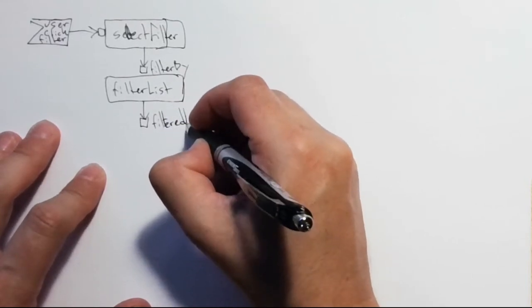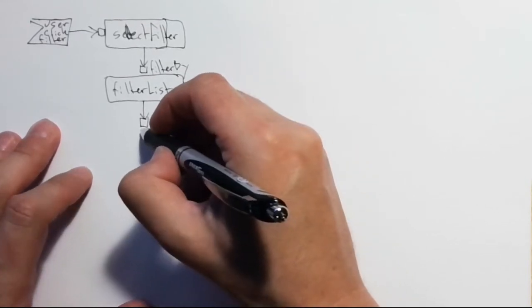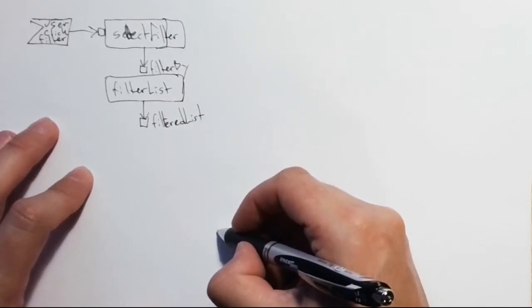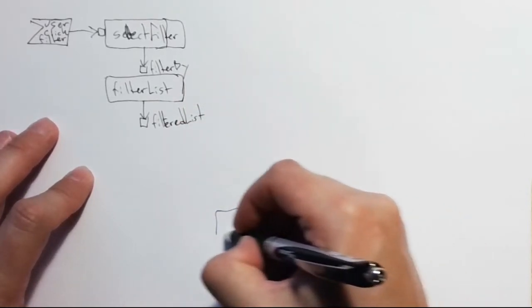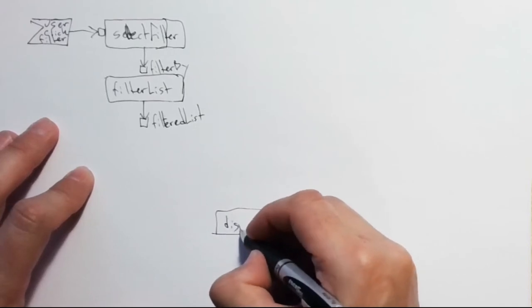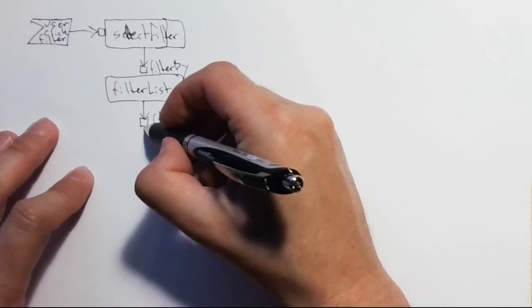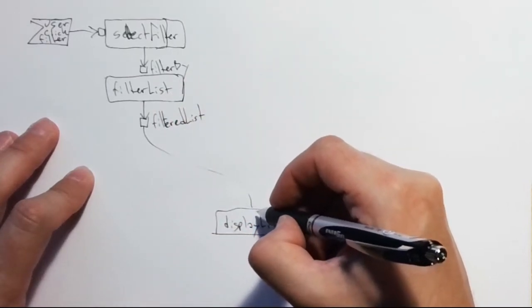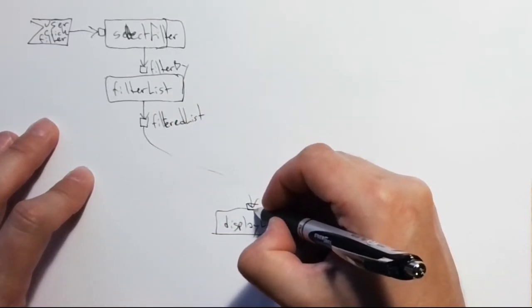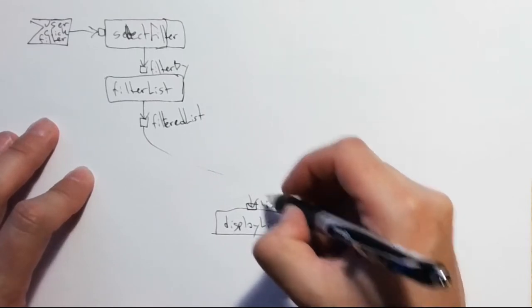That is then called here. I will just draw the display list a bit further down. A list here is displayed.